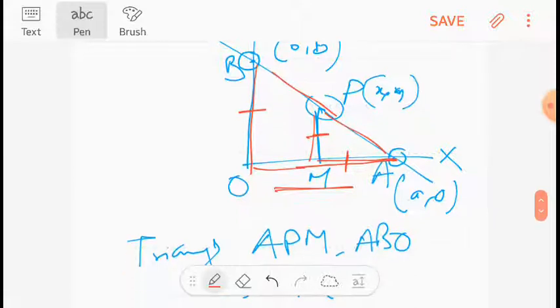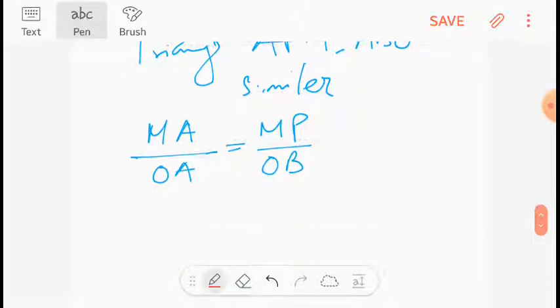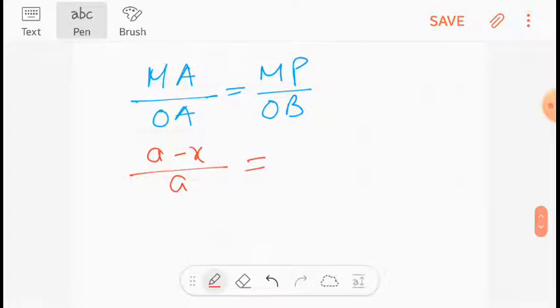This is a similarity property. Now if we put the values here, then MA is definitely A minus x, and OA equals A, we all know about it, and MP equals y, and OB equals B.